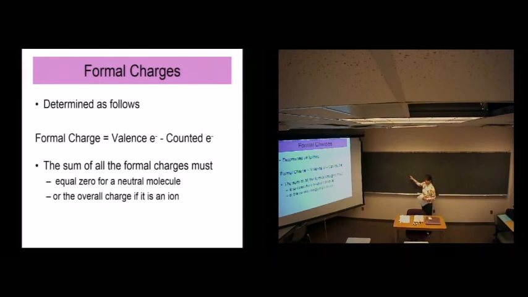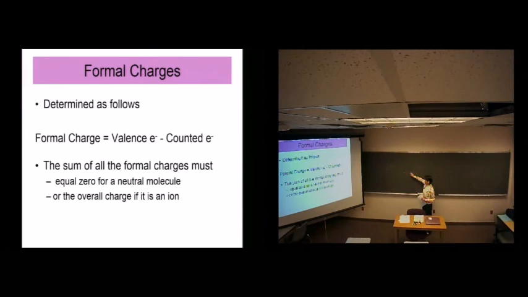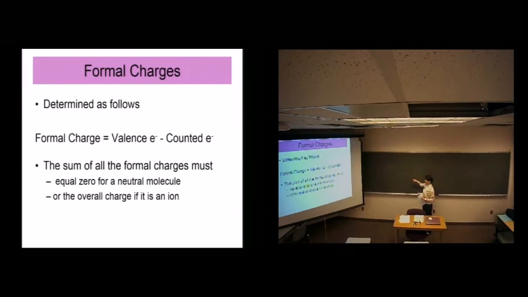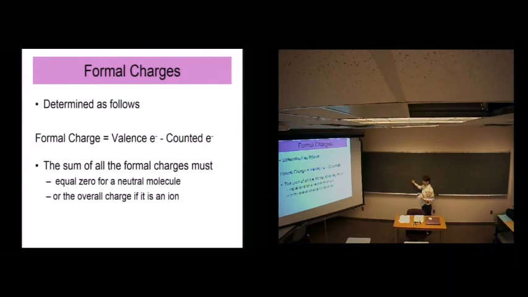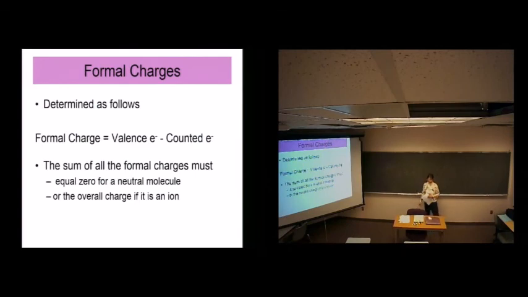Okay, so we're going to split this, right? We're going to count the electrons around it. What's the valence number? 7 minus 1, 2, 3, 4, 5, 6, 7. So it's going to be a formal charge of 0. So the formal charge of bromine is 0.